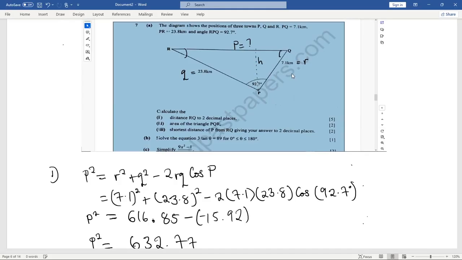Let's say this is our H here. The shortest distance is simply equal to the area that we've calculated multiplied by 2, divided by the longest distance that we found here. The longest distance that we found is 25.15.